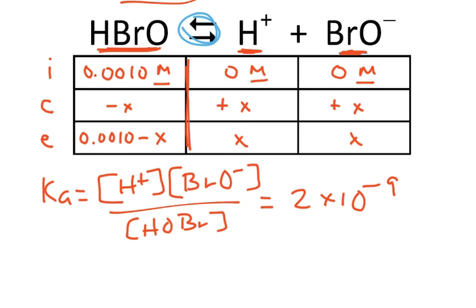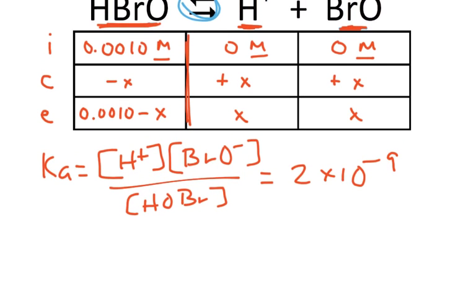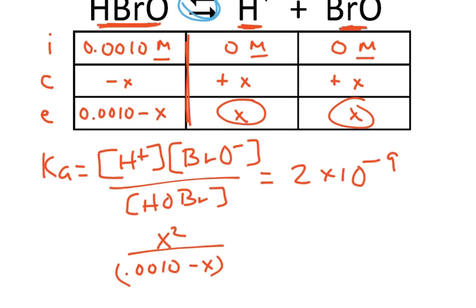Now, we can substitute in our expression. So we have X and we have X. So the top of this is going to be X squared over 0.0010 minus X equals 2 times 10 to the negative 9.